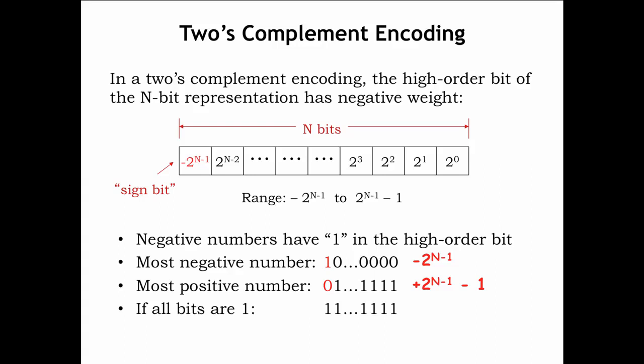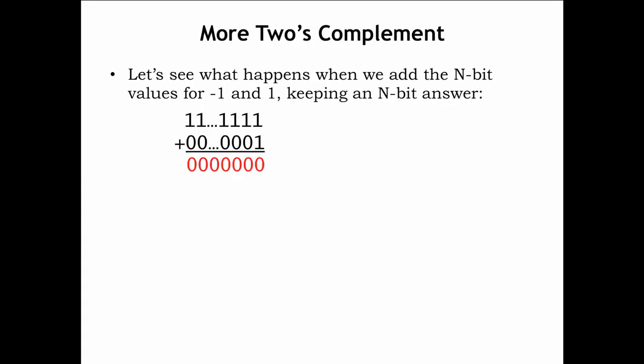If all n bits are 1, think of that as the sum of the most negative number with the most positive number. In other words, minus 2 to the n minus 1 plus 2 to the n minus 1 minus 1, which equals minus 1. And of course, if all n bits are 0, that's the unique representation of 0. Let's see what happens when we add the n-bit values for negative 1 and 1, keeping an n-bit answer.